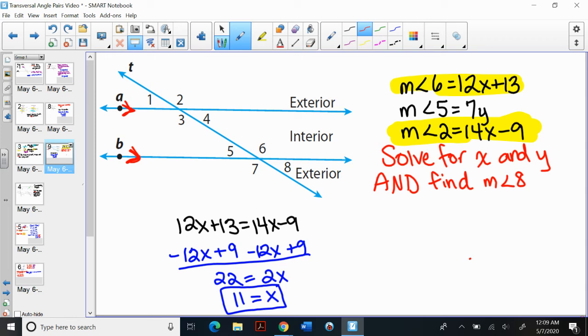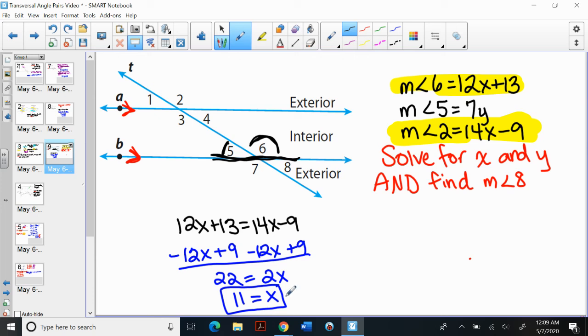So let's say that I did want to go back and figure out, for example, the measurement of angle 6. Because if I knew exactly what the measurement of angle 6 right here is, then I could think about the measurement of angle 5 because that is making a linear pair and it is supplementary with each other, angle 5 and angle 6.